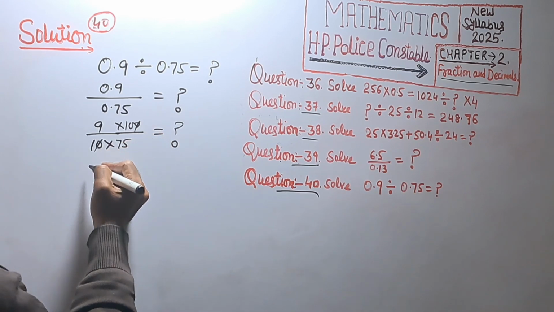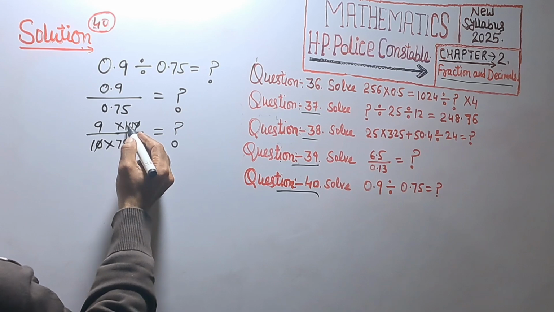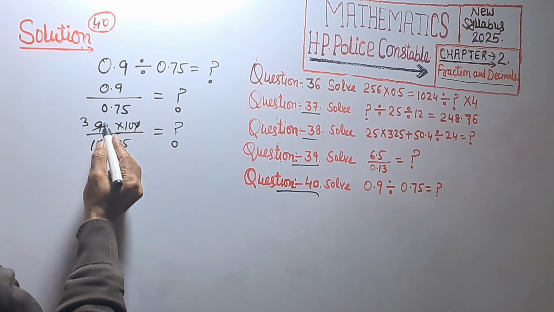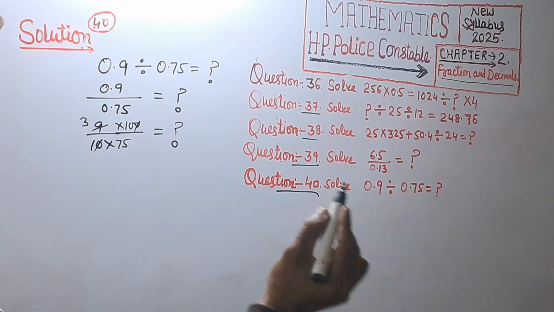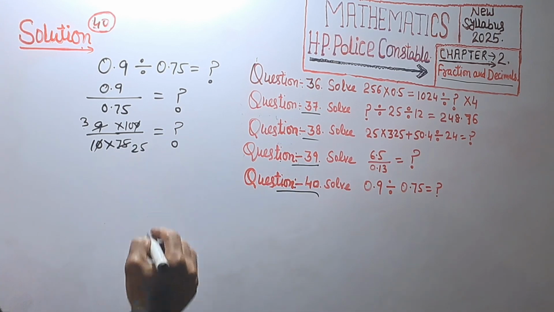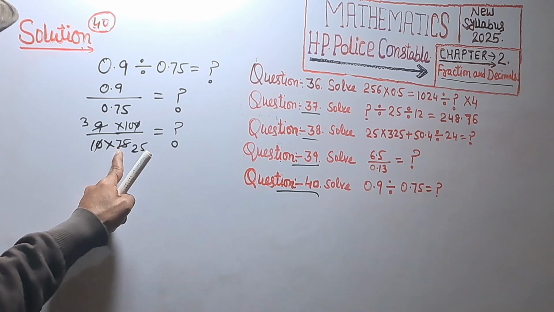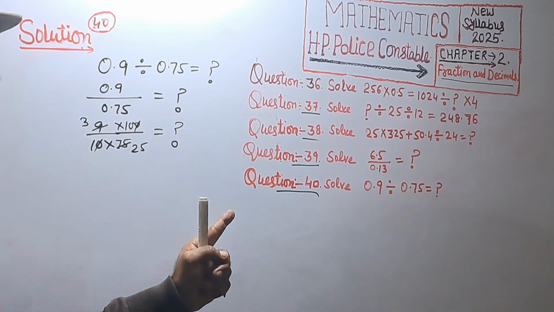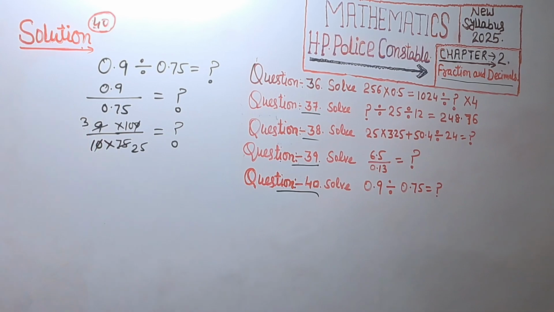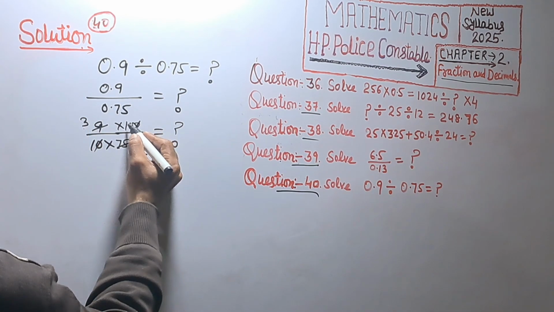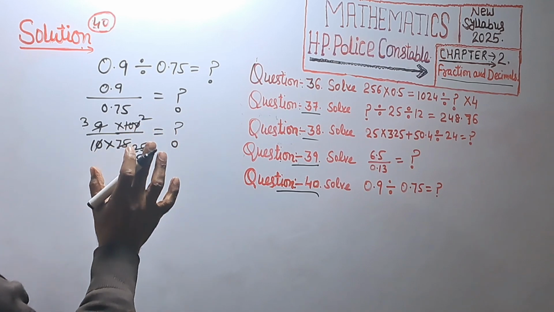1 0 is cancelled and 3 threes are 9. 25 threes are 75. 75 is divisible by 3, that is 25 threes are 75, and 3 threes are 9. 5 fives are 25, 5 twos are 10.